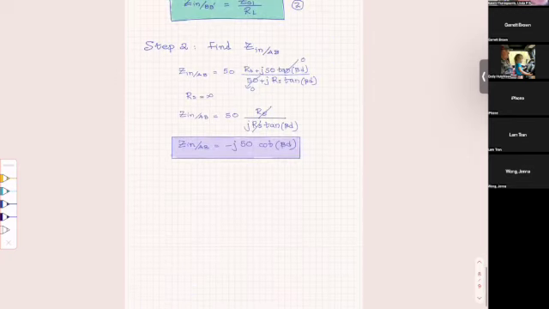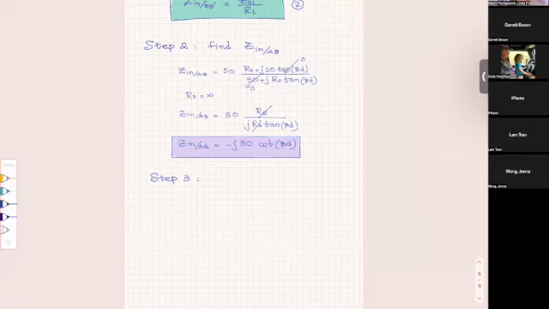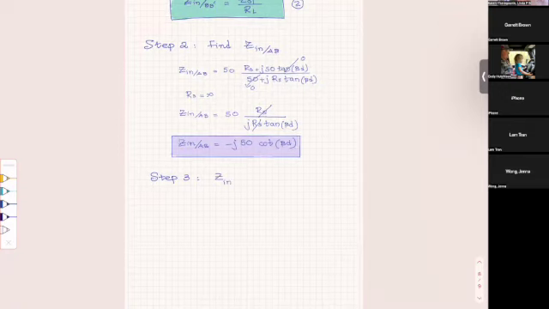So step 3, we know Z input is the sum of Z input at AB plus Z input at BB prime.